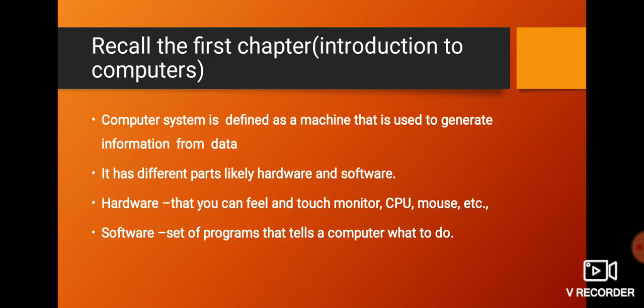Just let us recall now. What's a computer? A computer system is defined as a machine that is used to generate information from data. It has different parts, namely hardware and software. Hardware is nothing but what you can feel and touch, for example monitor, CPU, mouse, etc. Software is a set of programs that tells a computer what to do.